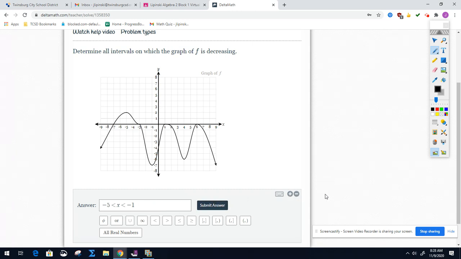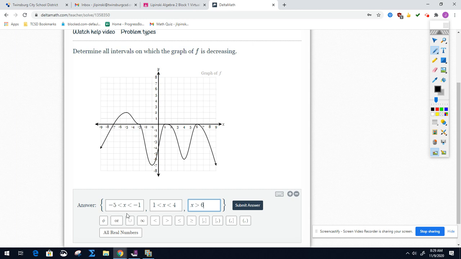So it's decreasing again. Let me put that from 1 to 4. Notice I'm only putting the x values, and then it's decreasing from 6 to infinity. So that would be x is greater than 6.